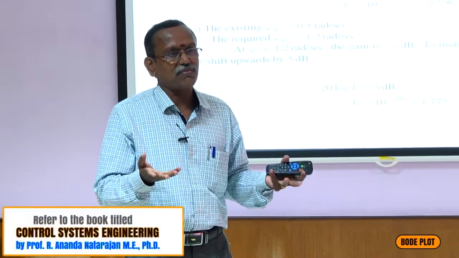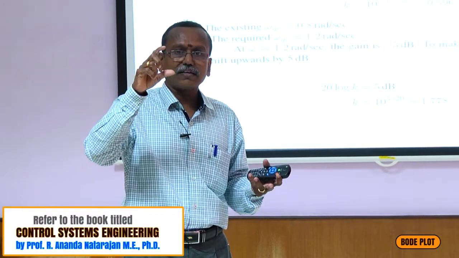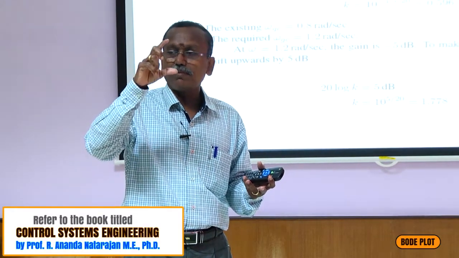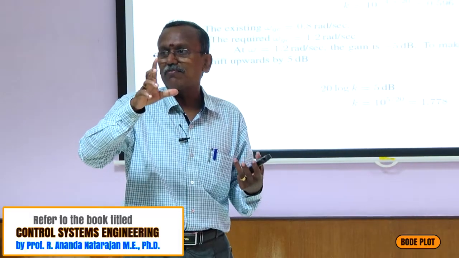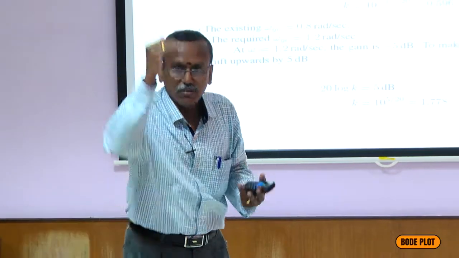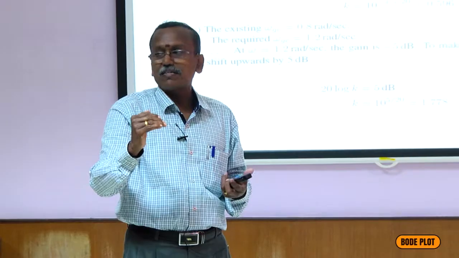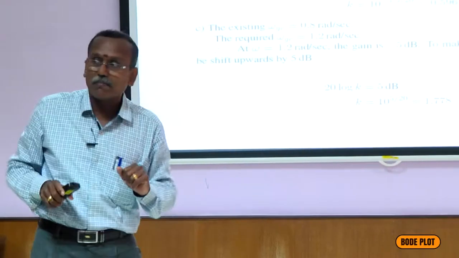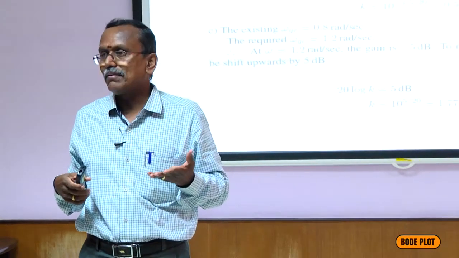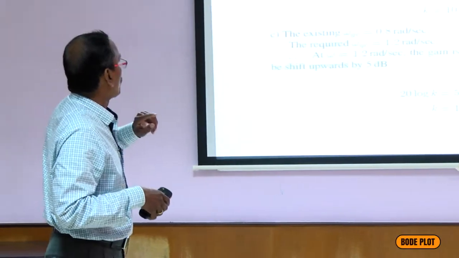The magnitude at phase crossover frequency must be 10, but it is 5.5 only. Magnitude plot has to be pulled down by 4.5. I have to decrease it, then only the gain margin will increase. So 20 log K equal to minus 4.5. Therefore, K equal to 0.596.